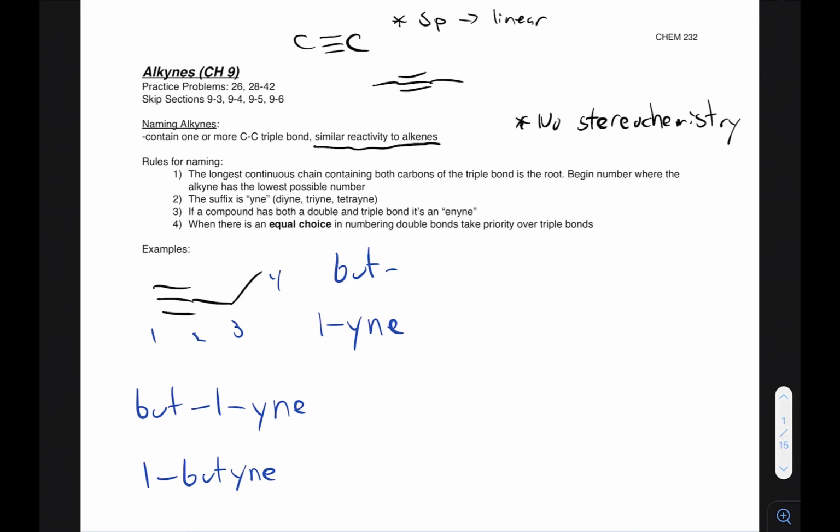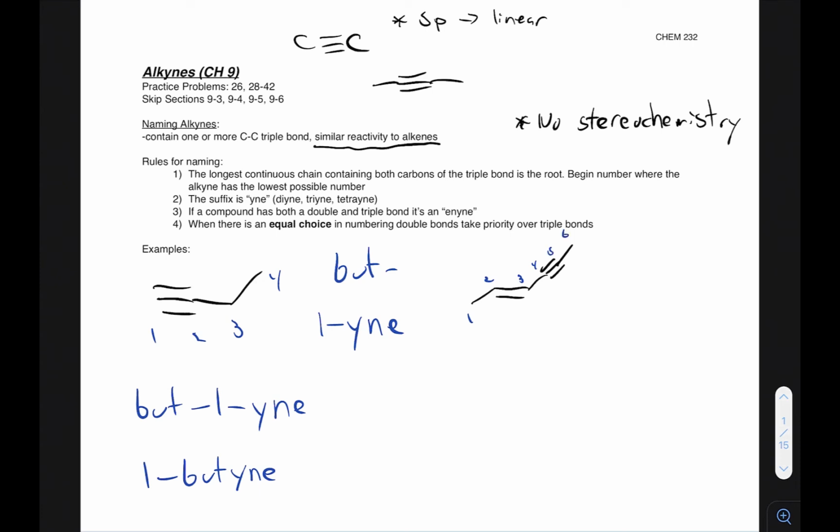All right, let's look at another quick example here. Let's go ahead and look at a little more of a complicated example. Let's look at something that has a double bond as well as a triple bond. And as we've done before, let's just number out the parent chain here.